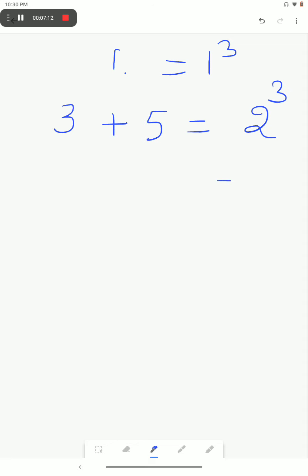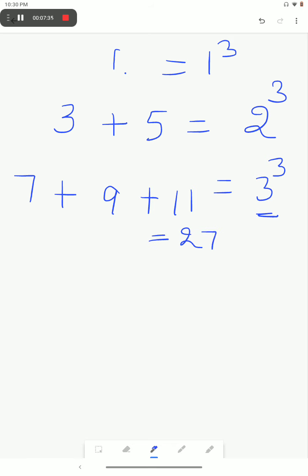Next is 3 cube. What odd number do we get after 5? It is 7. We have to add 3 odd numbers, 7, 9 and 11. When you add these, you will get 27, which is equal to 3 cube.